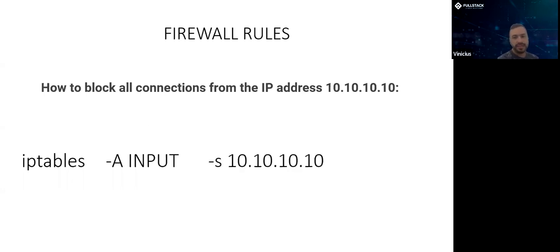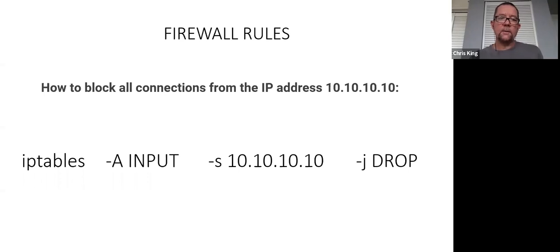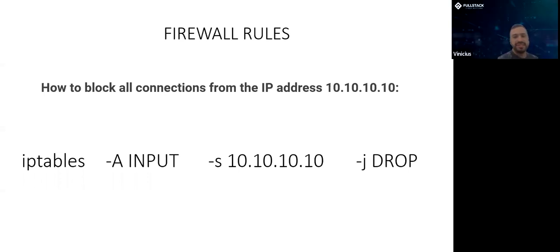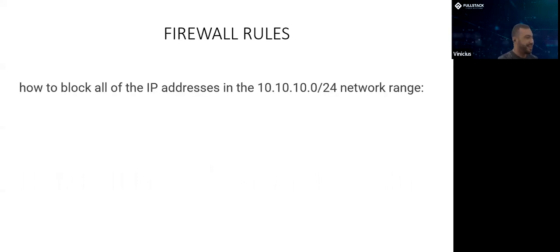So -s, I put the IP address, and -j DROP. That means for incoming connections, I don't want anything coming from the IP 10.10.10.10. Easy, right? In that case, s stands for source. Yeah, that makes sense. Okay.